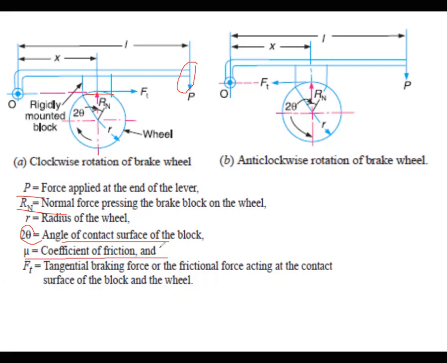Mu is the coefficient of friction. Ft is the tangential braking force or frictional force acting on the contacting surfaces of the block and the wheel. These are the parameters we are considering over here.